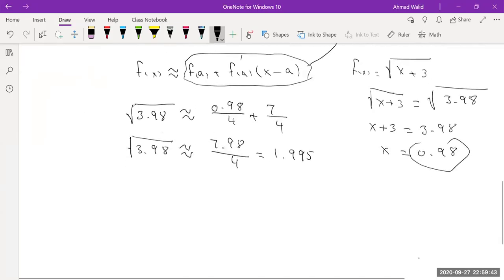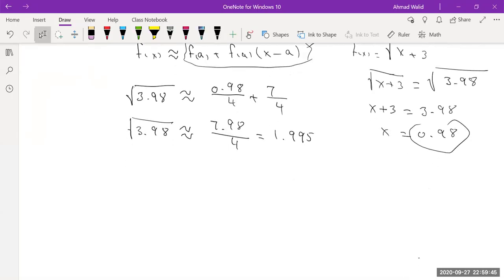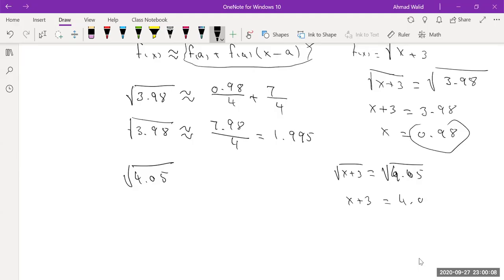In part B of the problem, they give you another square root, the square root of 4.05. I let you do this. First, if the square root of 4.05 is equal to the square root of x plus 3, it means x plus 3 equals 4.05.